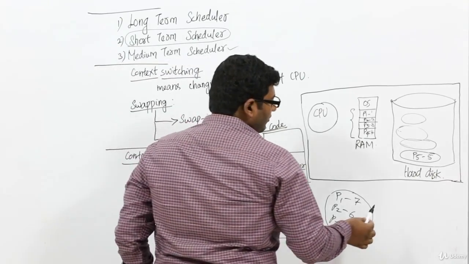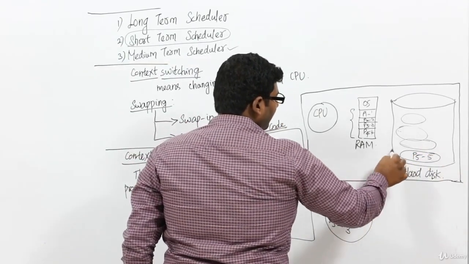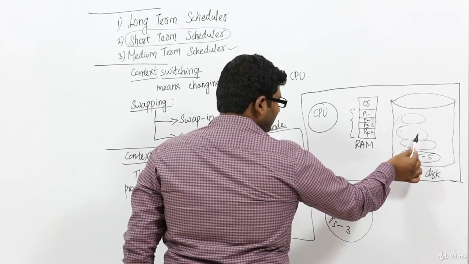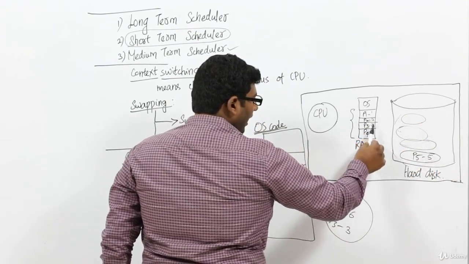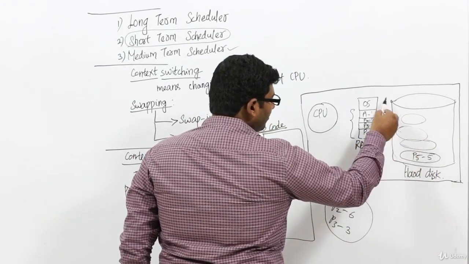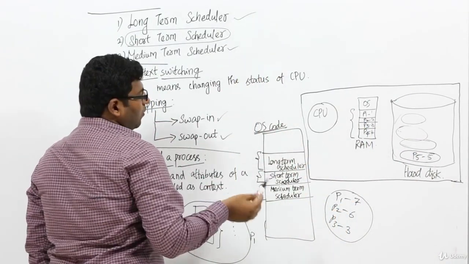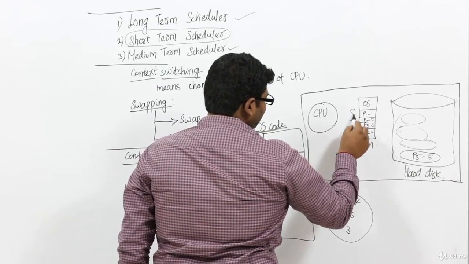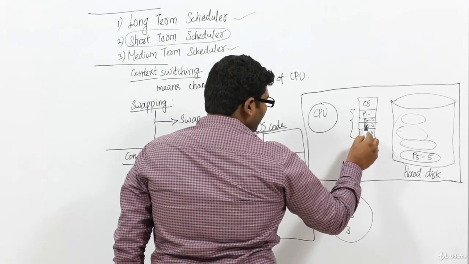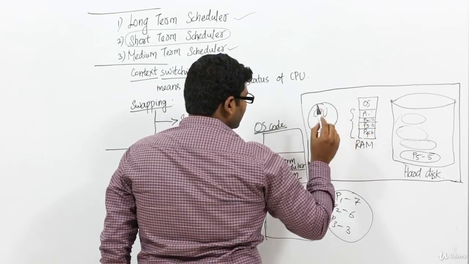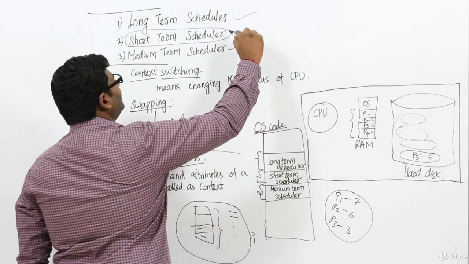Among a lot of processes, which processes have to be moved into the RAM and how many is decided by the long term scheduler. Once the processes are placed inside the RAM, which process should access the CPU first is decided by the short term scheduler.